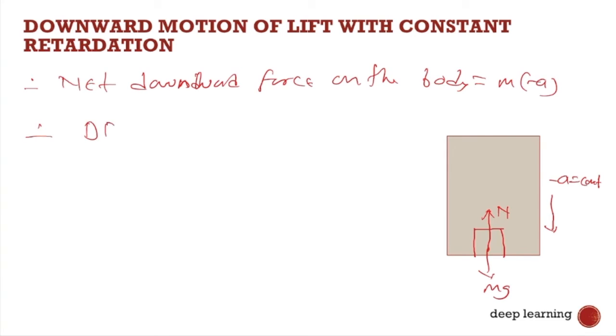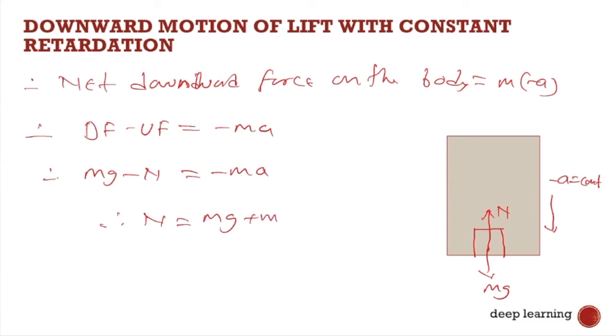Downward force minus upward force will provide net downward force, that must be equal to minus ma. Downward force is mg, upward force is N, so mg minus N is equal to minus ma. So you can see N is equal to mg plus ma, or you may say the apparent weight is going to increase. And when is it going to increase? When the lift is moving downwards but with some retardation.